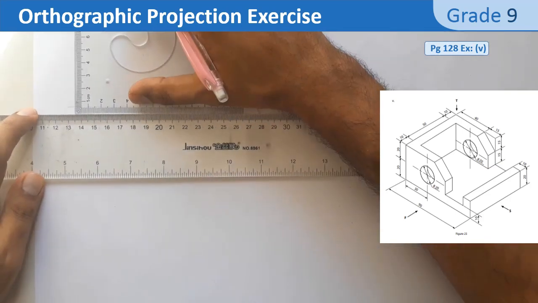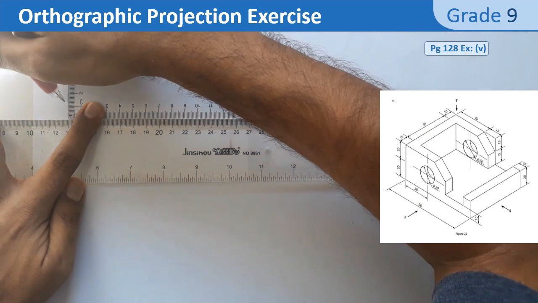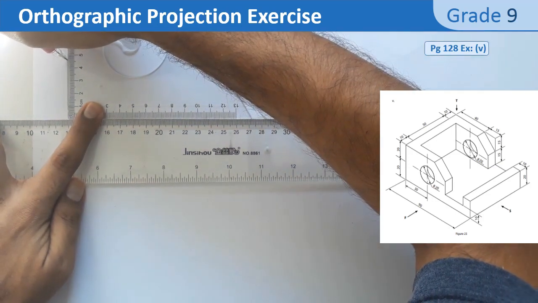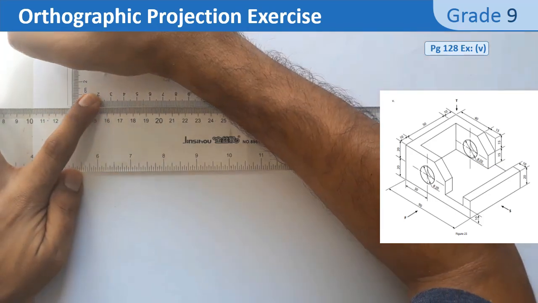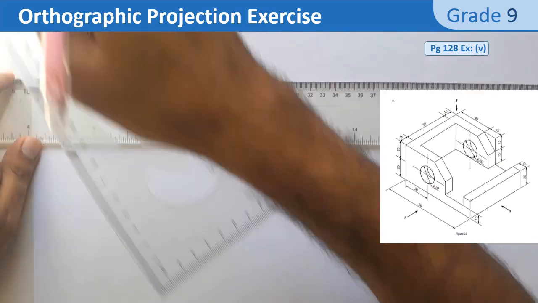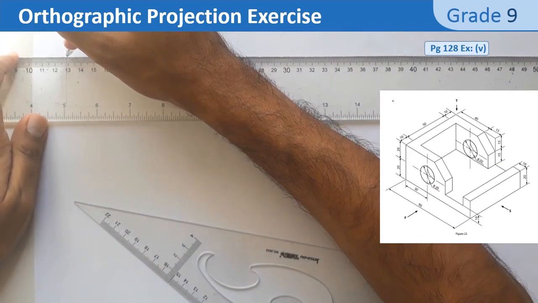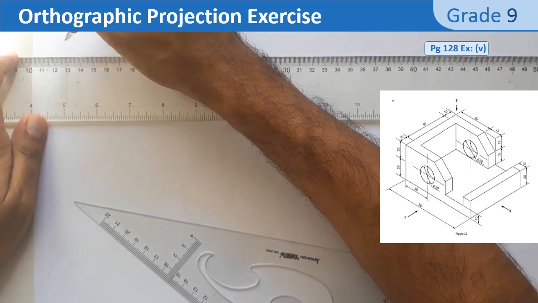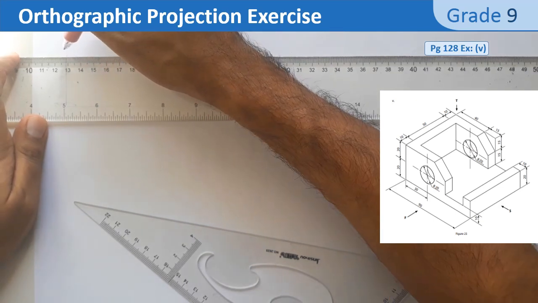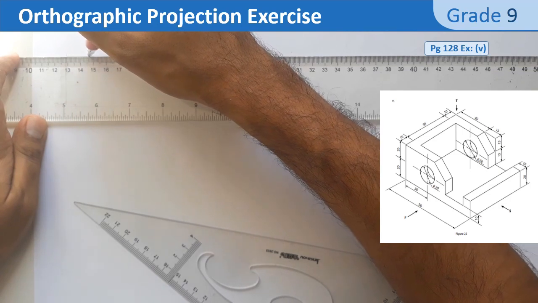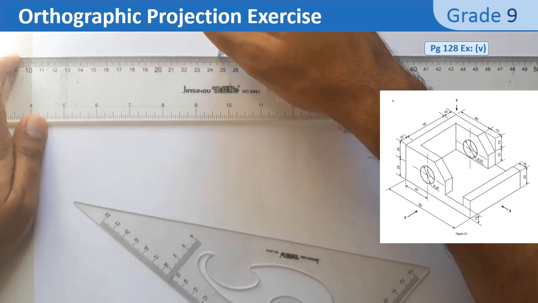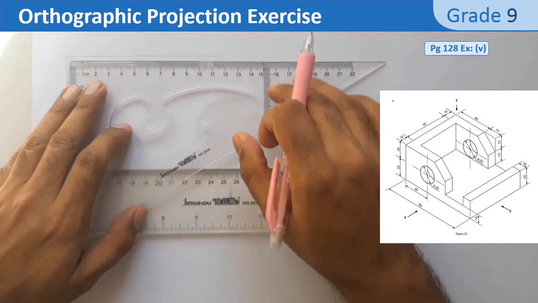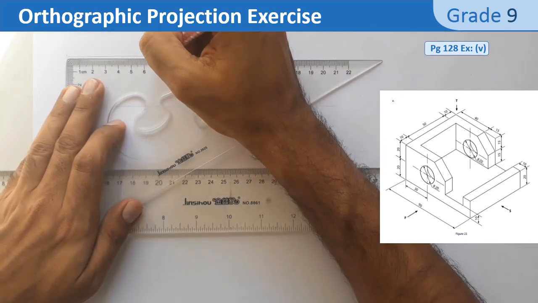So we start with the left part, that is the side view. You could have started, of course, with the front view. I'm using faded lines for the grid.